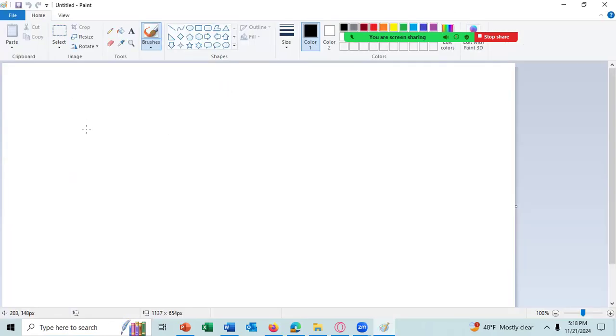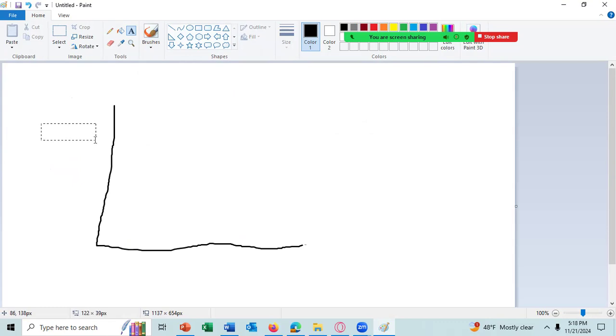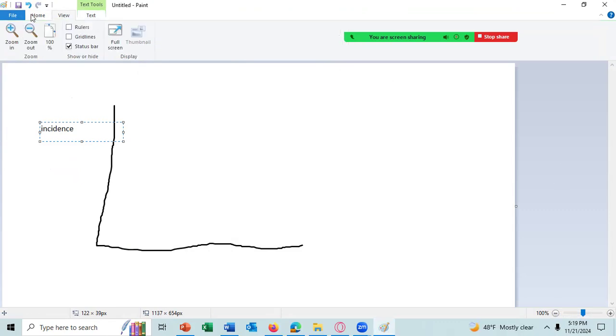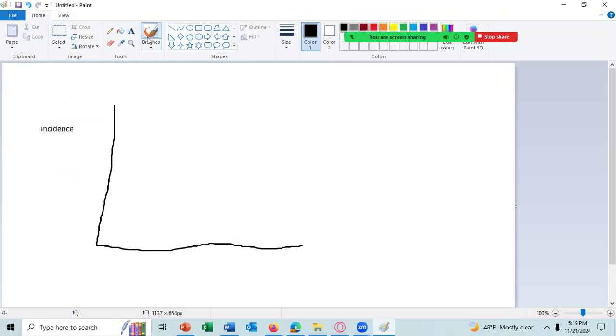For most diseases like the cold and the flu, the incidence on the y-axis, and I'm not sure the time, I guess on the x-axis. So this is incidence over here. For most diseases, no, this is age right here.